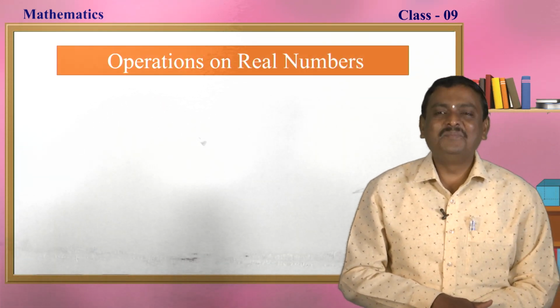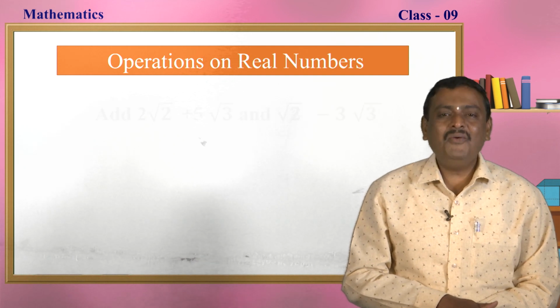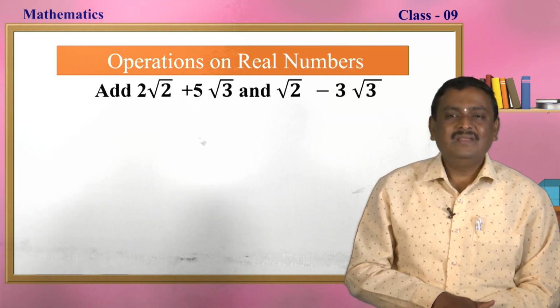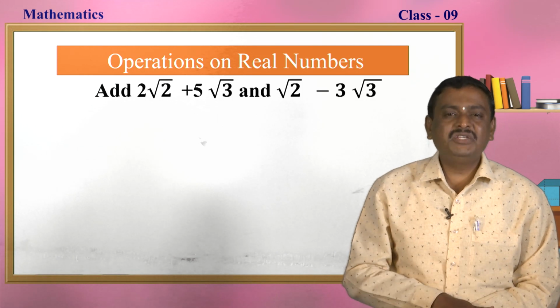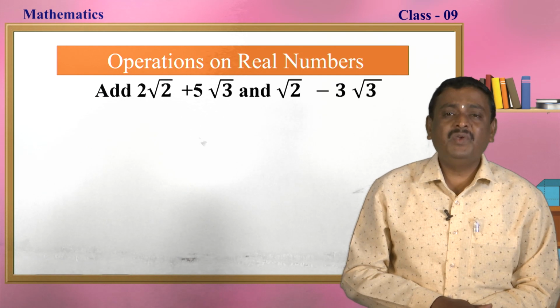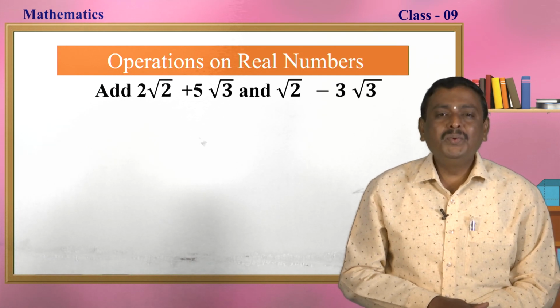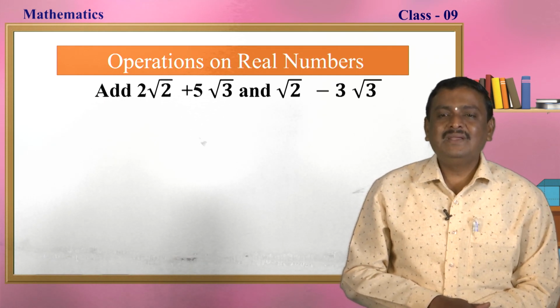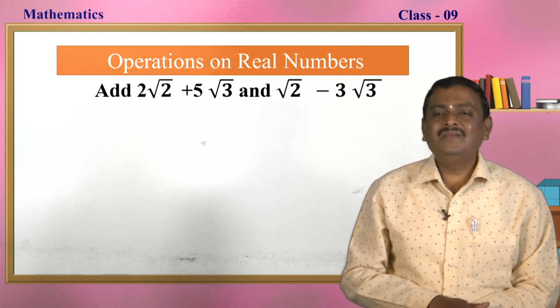Operations on real numbers, my dear students. Please note down. We already know the operations: addition, subtraction, multiplication and division. In the first example, we have to add 2 root 2 plus 5 root 3 to root 2 minus 3 root 3.